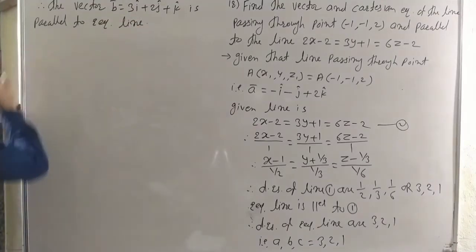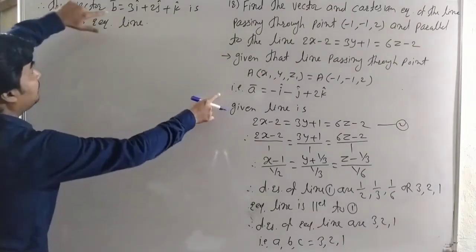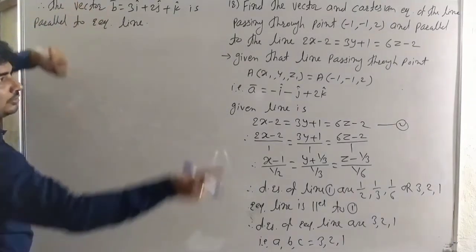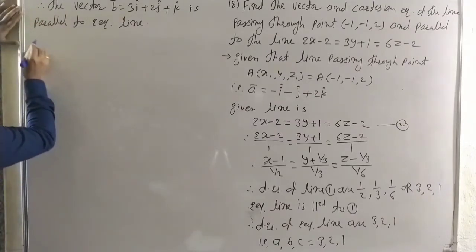Now we find the vector equation and Cartesian equation. To find the vector equation, we need a bar and b bar, and to find the Cartesian equation, we need x1, y1, z1 and a, b, c. First we find the vector equation.